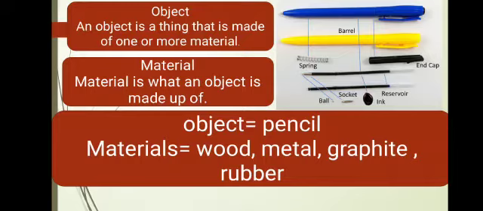So, an object is a thing that is made of one or more materials, and the material is what an object is made up of. For example, if a pencil is an object, then wood, metal, graphite, rubbers are the materials which are used to make a pencil.